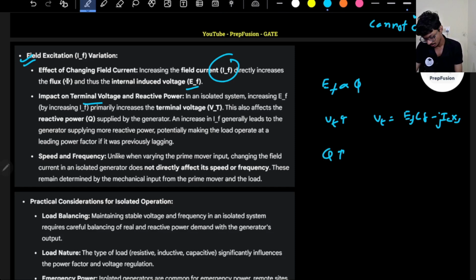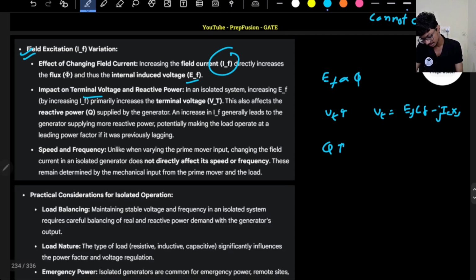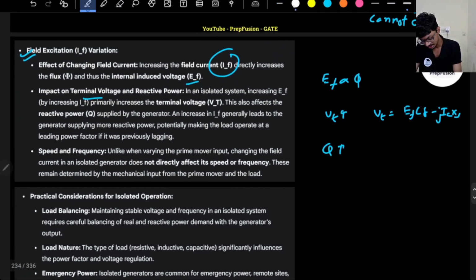So then what will happen? It will try to increase the reactive power, but it will not be able to. Then the voltage difference will increase further. Why? Initially Ef will increase, and due to Ef increasing, Ia will increase.